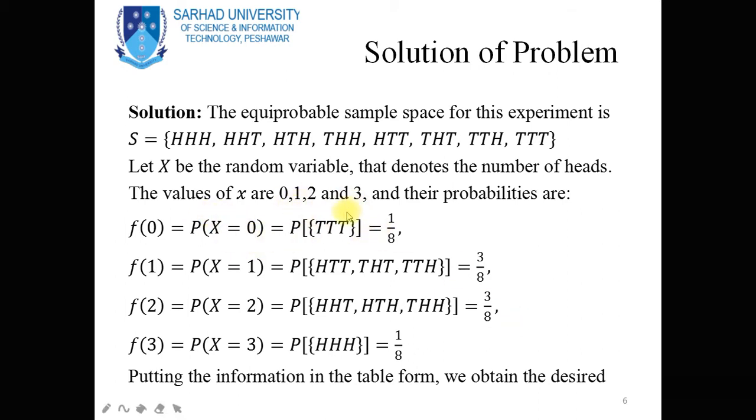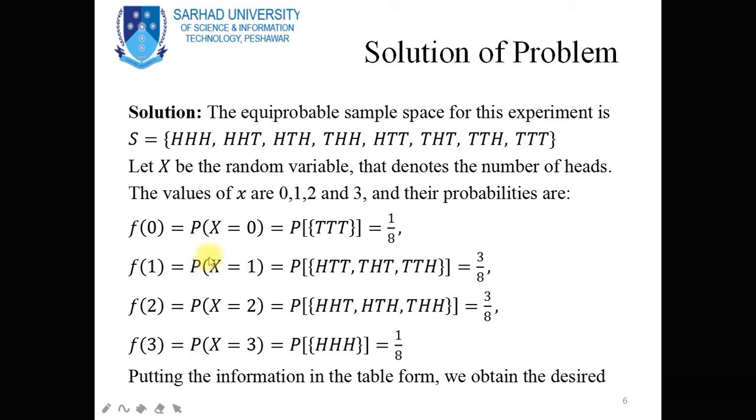There is no head means there is only one outcome in which head does not appear. So the probability is 1 over 8, because the total outcomes in the sample space is 8: 1, 2, 3, 4, 5, 6, 7, 8. Now random variable X is equal to 1. The number of heads will be equal to 1. So the probability distribution function f of 1.